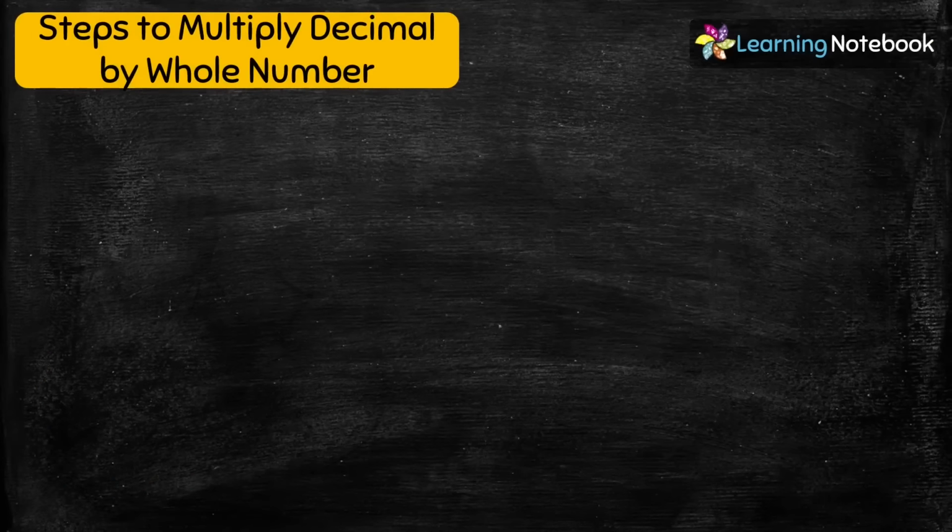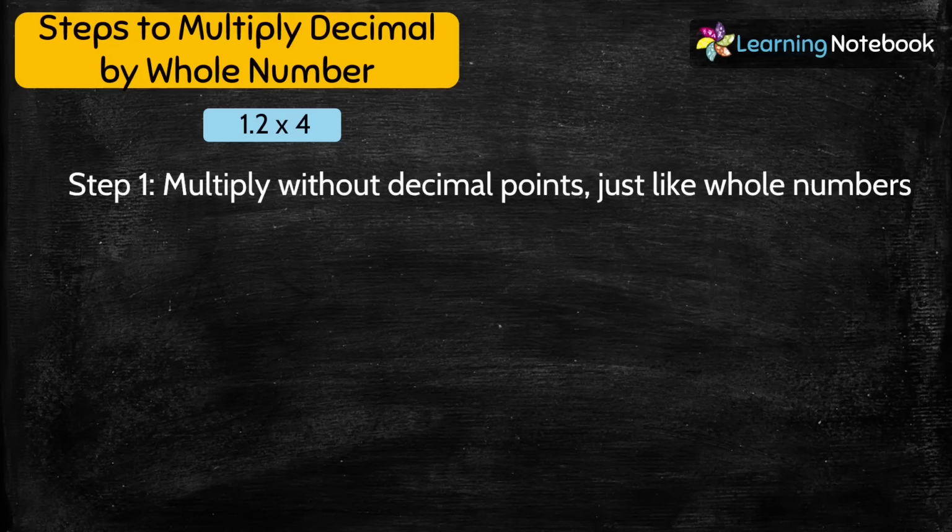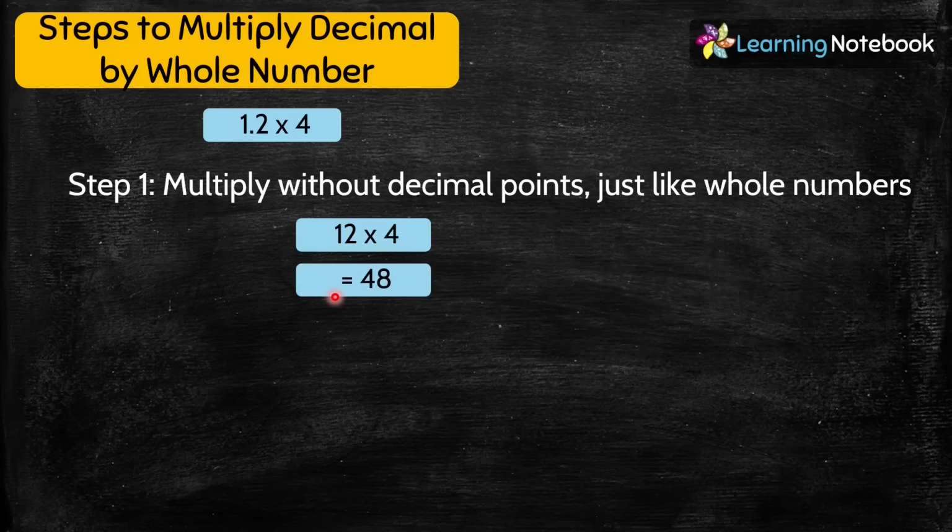So students, let's solve a question and learn the steps to multiply decimal by whole number. Question is 1.2 multiplied by 4. Step 1 is multiply without decimal point, just like whole numbers. So we will multiply 12 by 4, which is equal to 48.